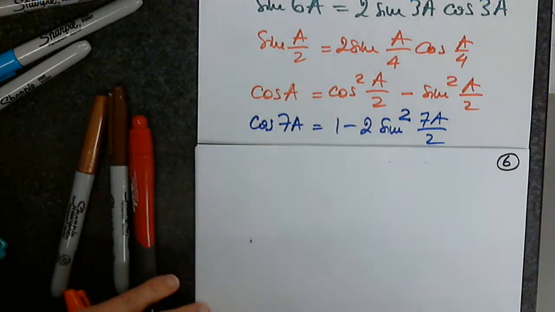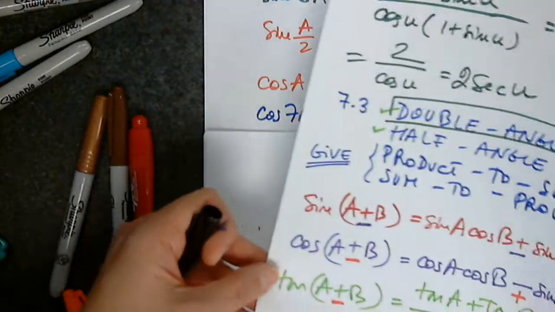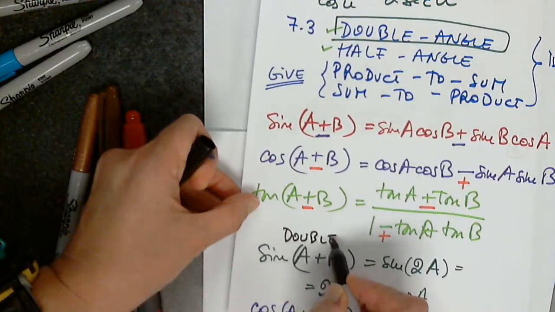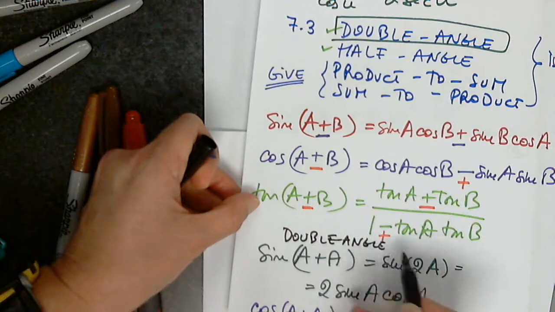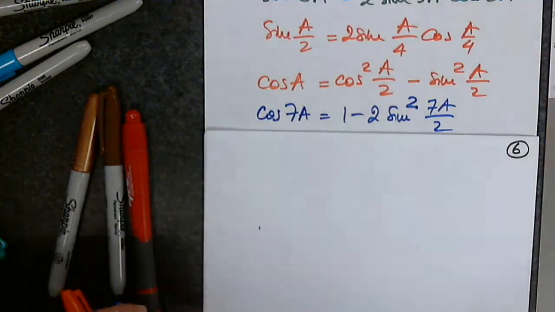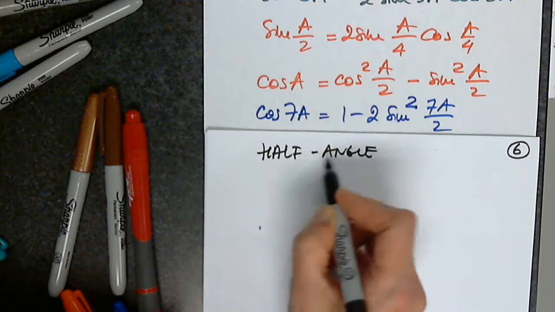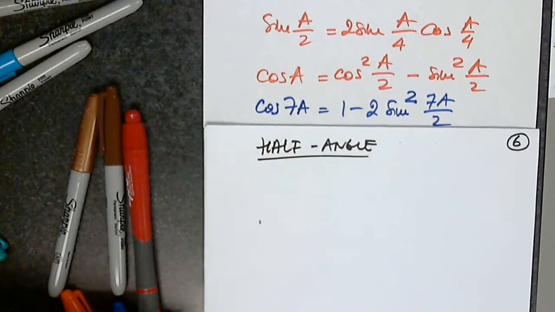So although I boxed it in, we were starting from here, double angle. Now I would like to look at half angle. Ready?